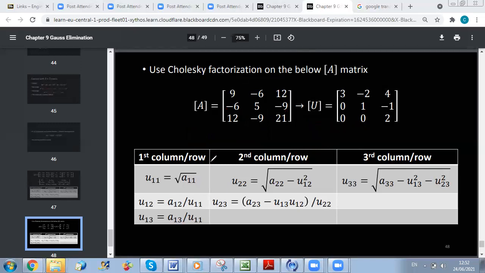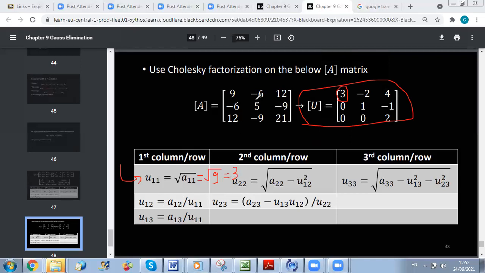Now, if I want to use Cholesky factorization, I will use the following rules to come up with my upper matrix. First, the first term of my upper matrix, U11, is just radical of A11, so it's radical 9, which is equal to 3. I am done with the first element. The second element is A12 over U11.